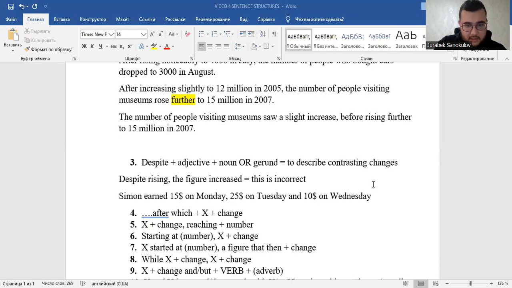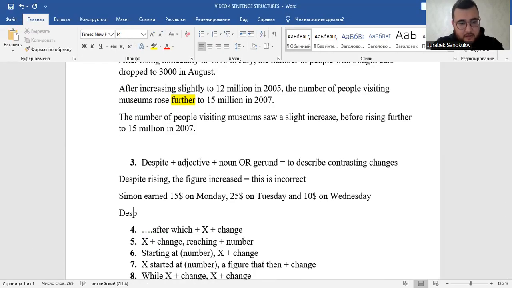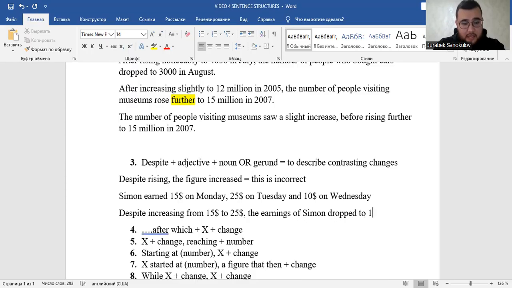So let's use this. Despite increasing, or let's say from $15 to $25, the earnings of Simon dropped to $10 on Wednesday.